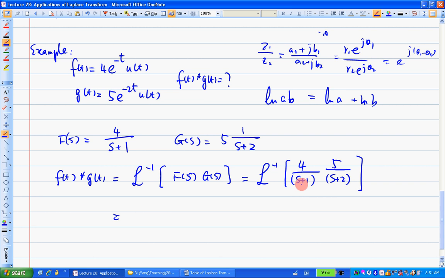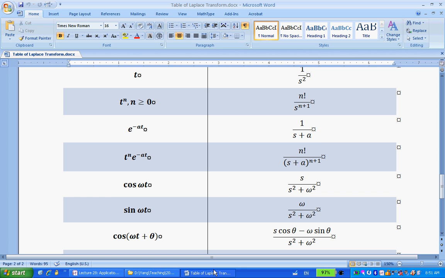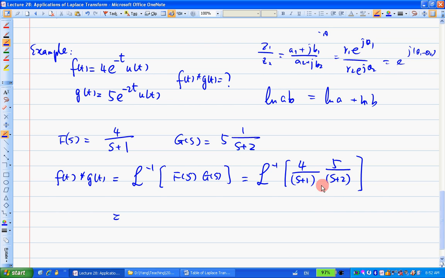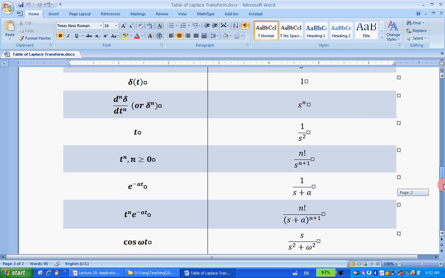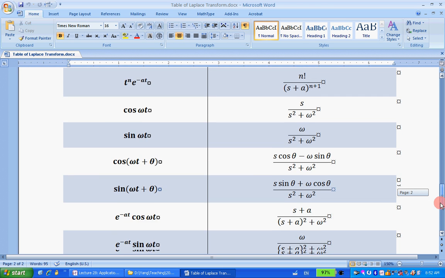But that's not what we're going to do. I said to find the inverse, we still use a table. We try to find the s expression there and then find the associated time function. But for this particular case, what's the s expression? This is 20 over s plus 1, s plus 2, but there is nothing like that in the table.